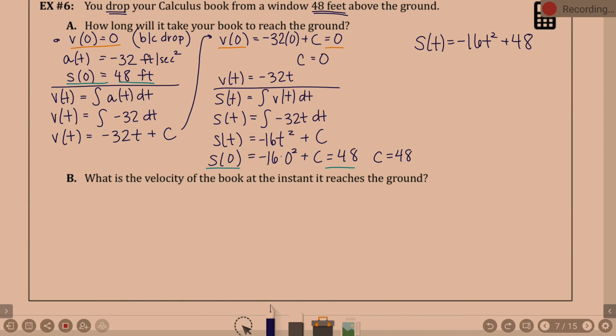What were we being asked? How long will it take for your book to reach the ground? What do we know about the ground? It is a position of 0. So we're going to say negative 16t squared plus 48 equals 0.